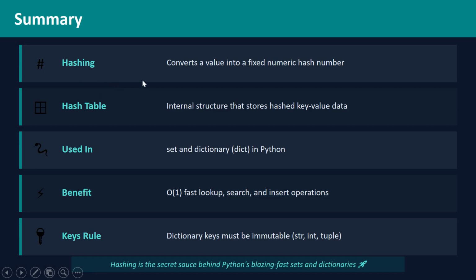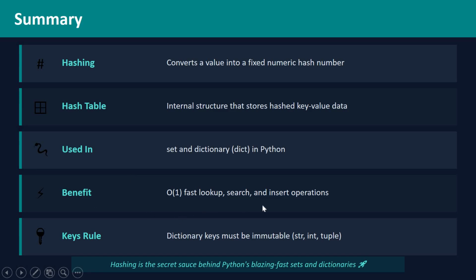Next, summary. Hashing converts a value into a fixed number, a hash number. The hash number is generated internally, right? We do not have to worry about it. It takes the value, and on the basis of that value it generates some unique number. A hash table is the internal structure that stores the hashed key and value data. Why is it used? In sets and dictionaries in Python.